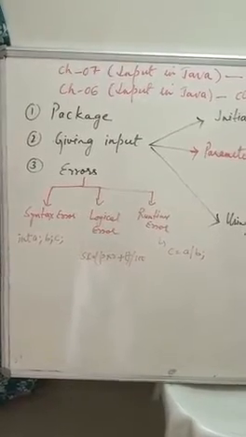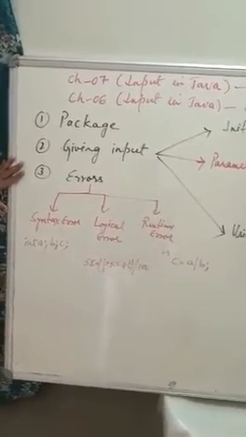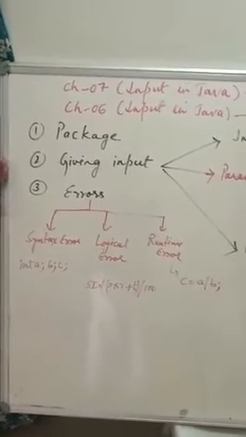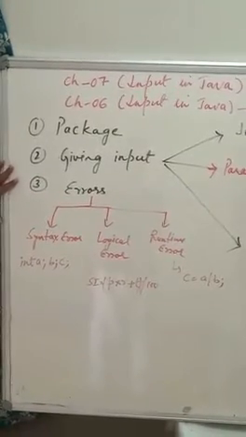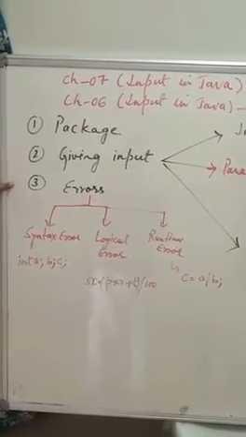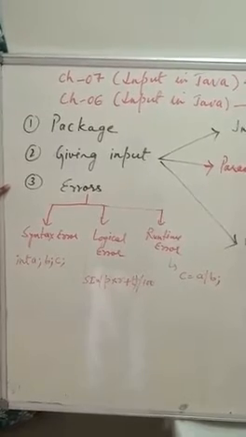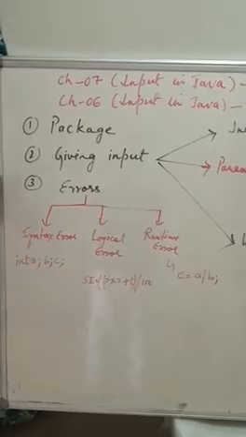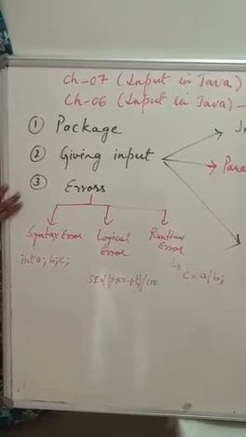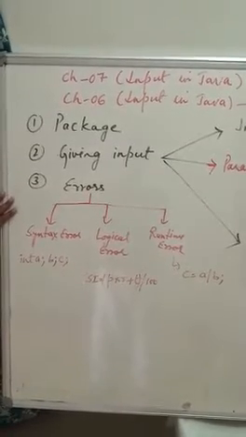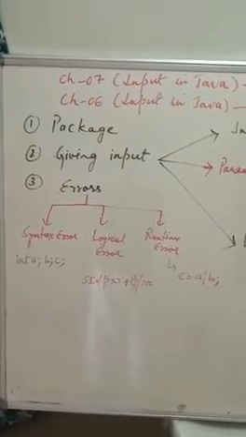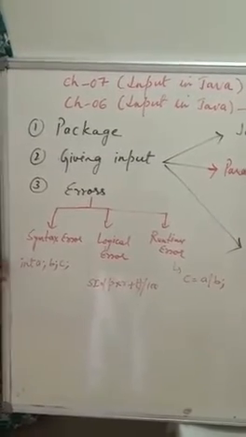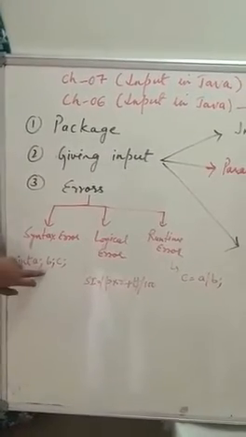The next is errors. All of you know what errors are. Any mistake in the program is known as an error. Right, I repeat, any mistake in the program is known as an error. There are three types of errors: syntax error, logical error and runtime error. Syntax errors are those errors which are present in the grammar of the language. For example, in a sample code I have written int a; b; c.